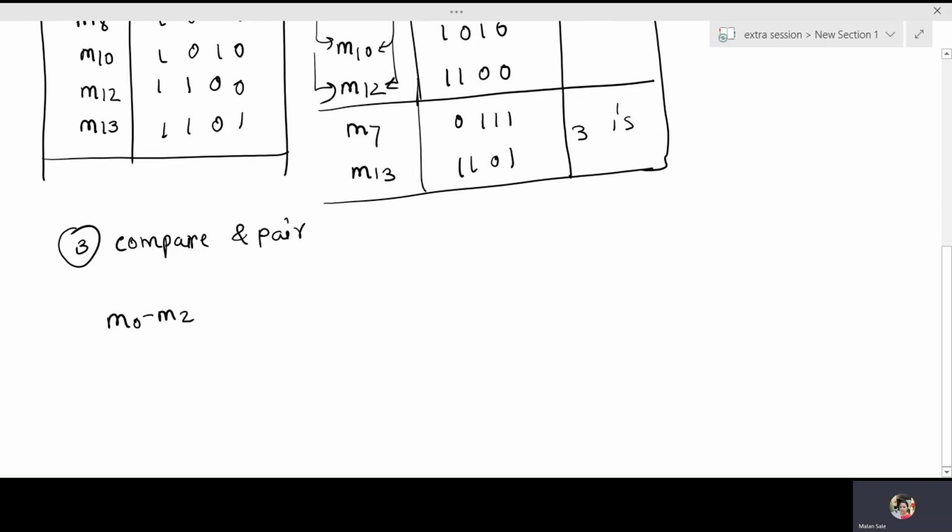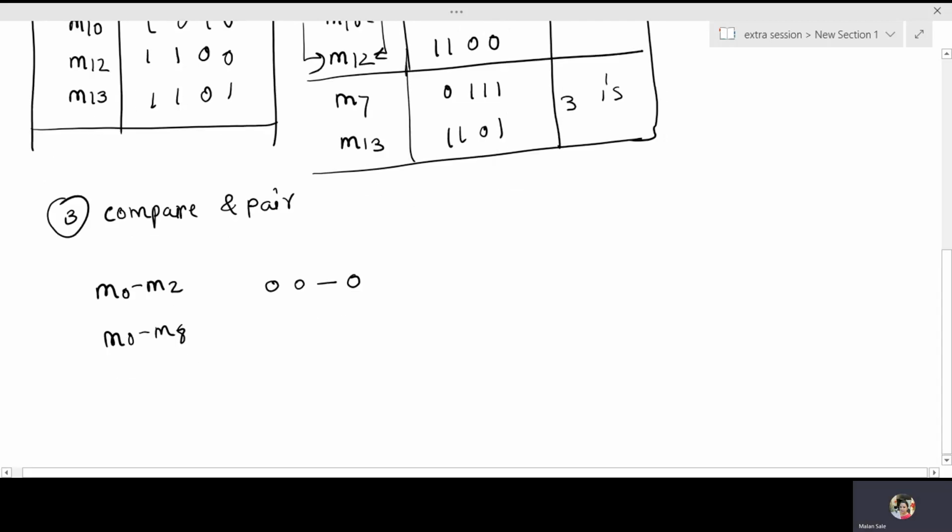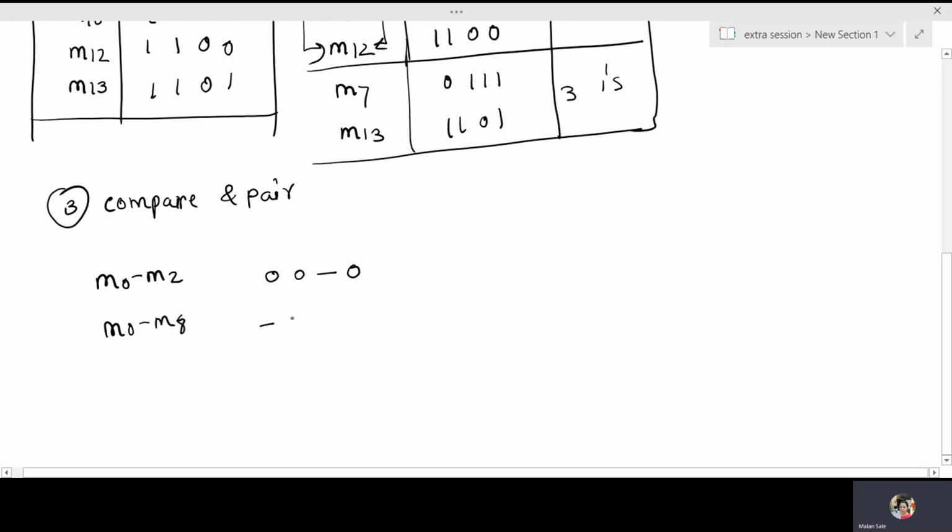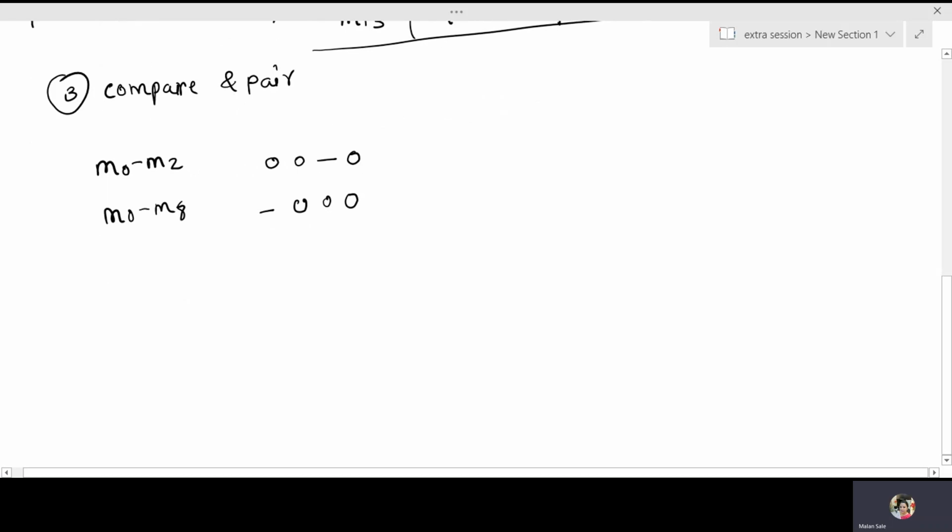M0, M2, binary representation is 00-0. Compare and pair, and replace the changing bit with a dash. Then M0, M8, -000. Next is M2, M3: 001-.